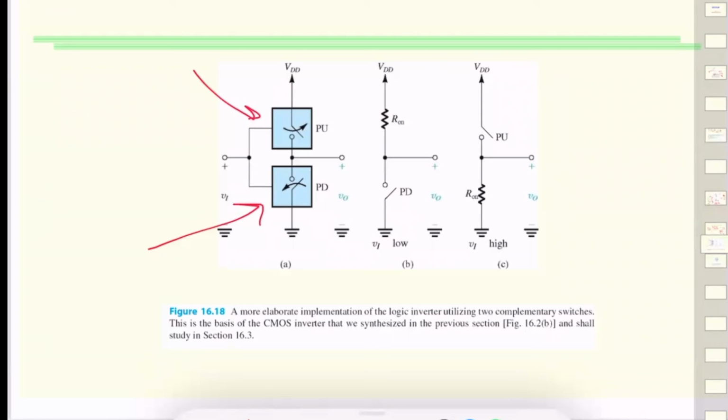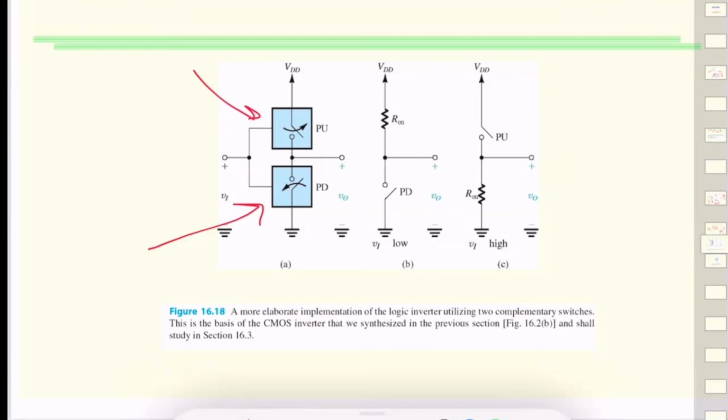So pull up is PMOS, because you have to apply a low voltage to turn it on. And pull down is when we are using NMOSFETs. All right. So let's look at what happens here.